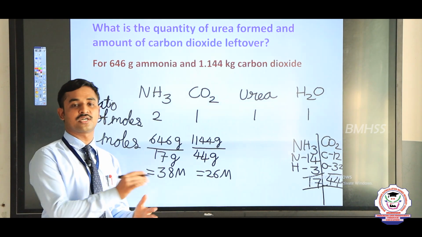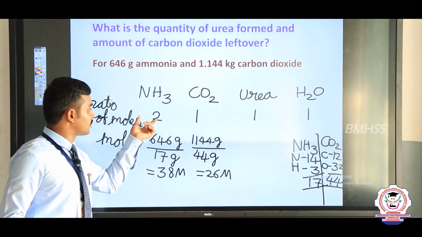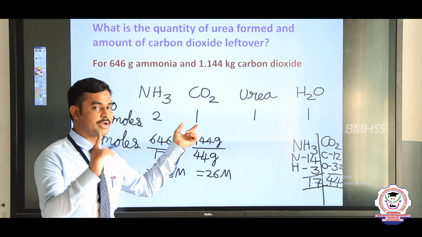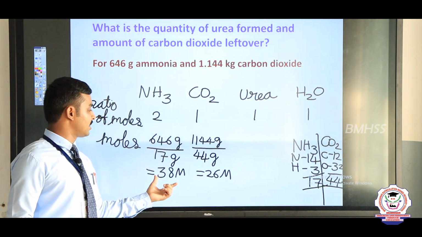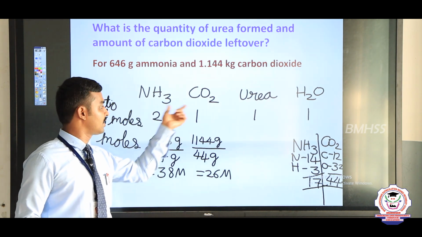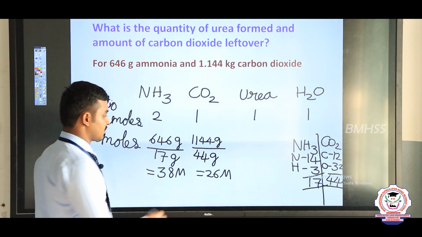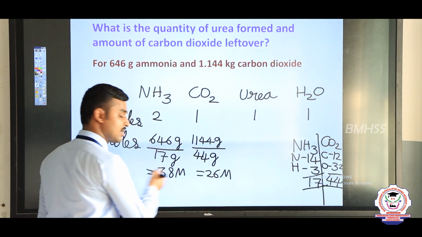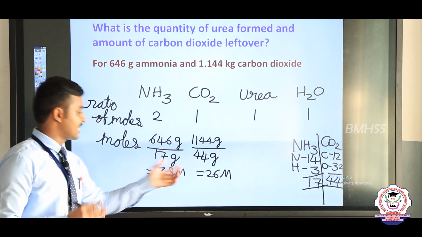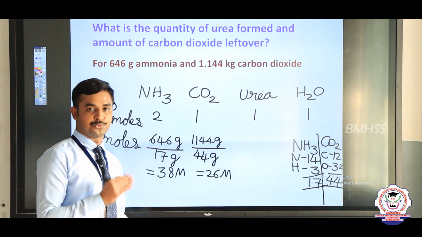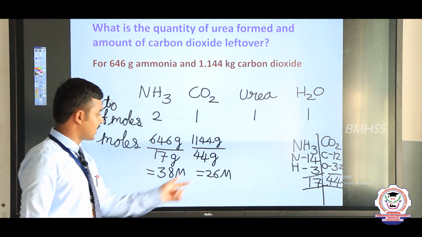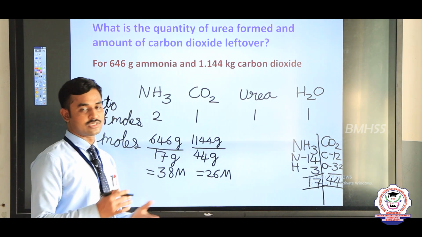So double the amount of ammonia is needed for the carbon dioxide. If the carbon dioxide is 26 moles, then double is 26 plus 26, 52 moles of ammonia can be used in this reaction, but we have only 38 moles of ammonia.